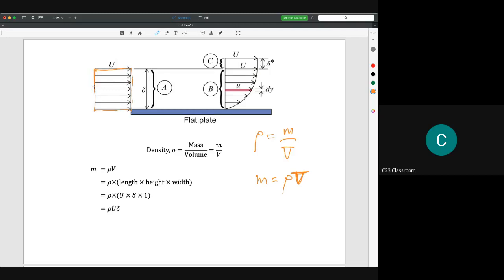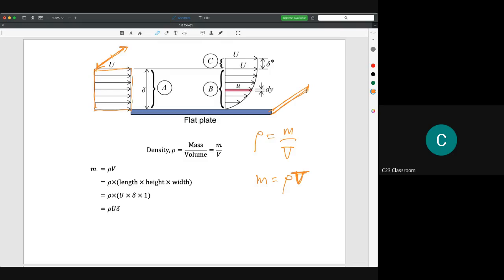Then to simplify our calculation, we could imagine the width of this plate, because volume means it's three-dimensional, we need to have x, y, and z. But to simplify our calculation, we assume that the width of this plate is constant.